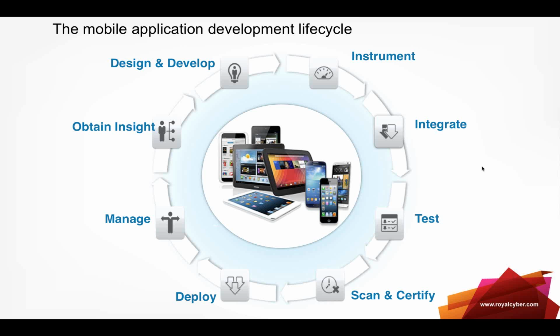Testing mobile applications is part of Worklight now, and there are also some advanced features available in the Rational Test Workbench solution, giving you much more complete testing tools for mobile.